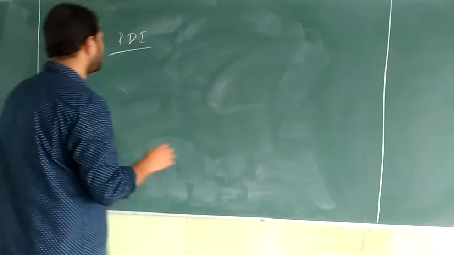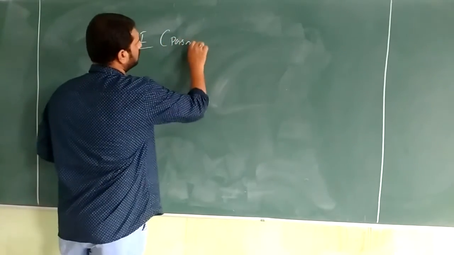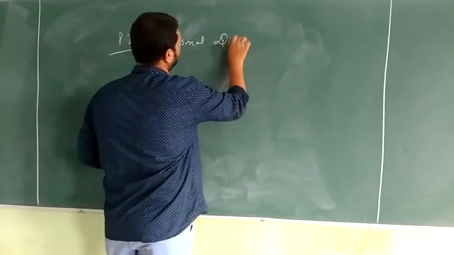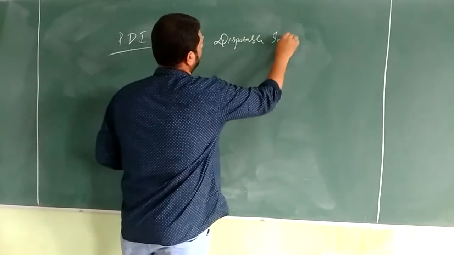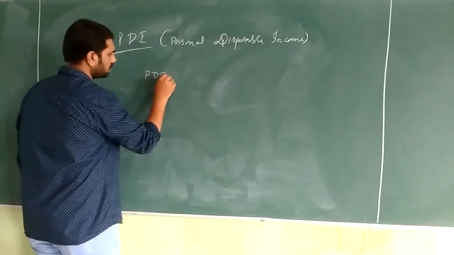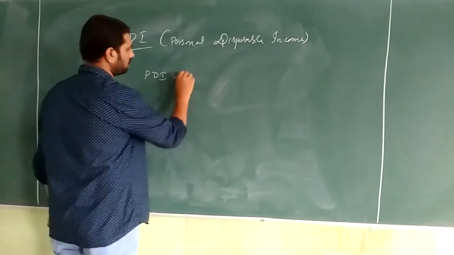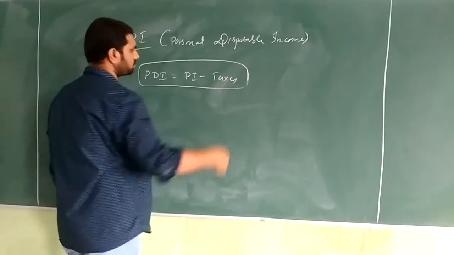PDI, personal disposable income, can be calculated as PDI equals PI minus taxes.